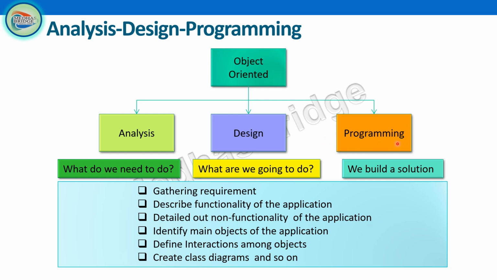In the programming phase, we build a solution. In object-oriented programming, the few things that we need to remember are primarily: gathering the requirements, describing the functionality of the application, detailing the non-functionality of the application, identifying main objects of an application, defining interactions among objects, creating class diagrams, and so on.